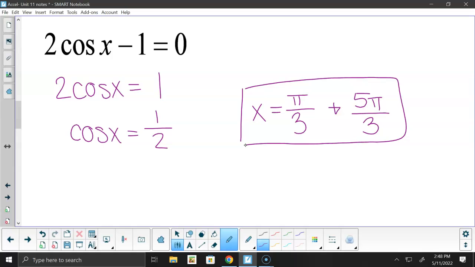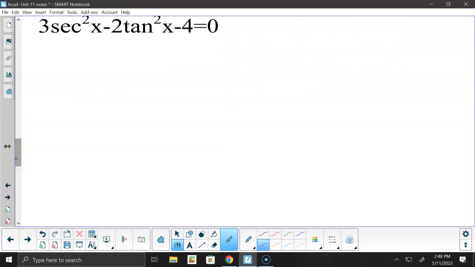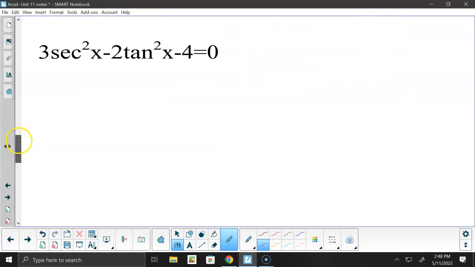I was going to say that's about as bad as it gets, but there's a couple with factoring. Like this. So we're actually going to use a Pythagorean identity on this one. And then the crying stops.